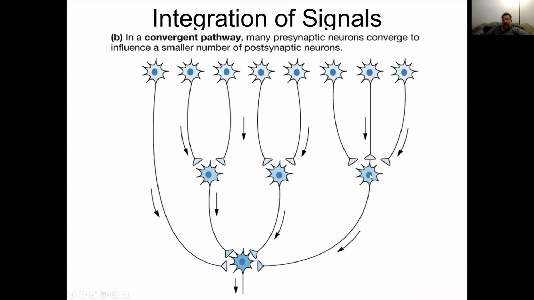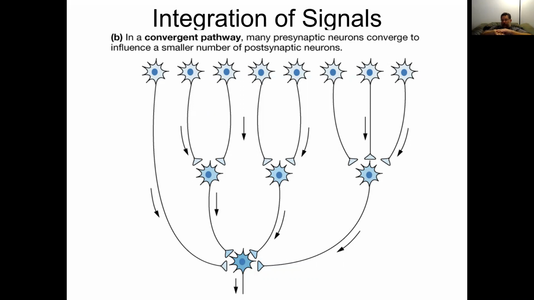While a convergent pathway is multiple neurons converging onto, in this case, a single neuron. But you get the gist: many neurons are coming and converging onto one. And so in a sense, this one neuron is deciding how to respond in regards to many stimuli coming to it.